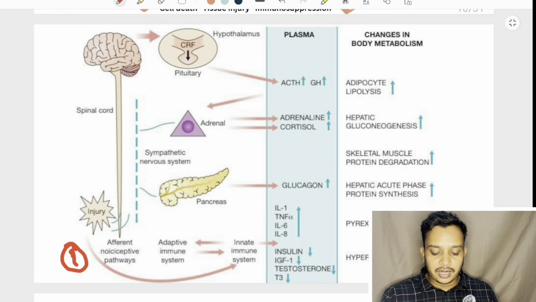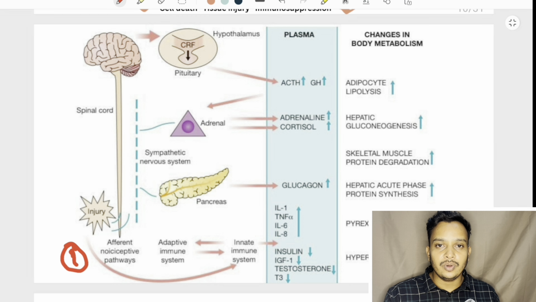Whenever adrenaline and cortisol levels increase, and also because of activation of the sympathetic nervous system, it will act on the pancreas so that glucagon synthesis also increases. The main role of adrenaline, cortisol and glucagon is to inhibit the action of insulin, so that the body is in a state of hyperglycemia, so that glucose is utilized for tissue repair or any kind of inflammation activities.